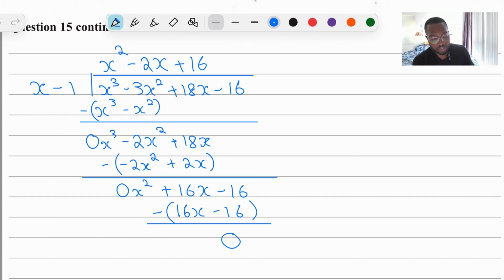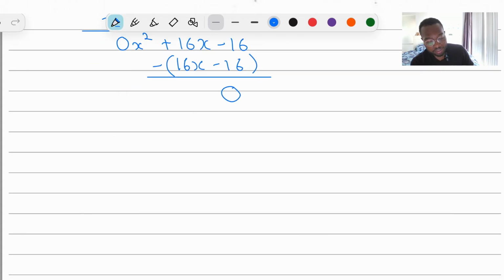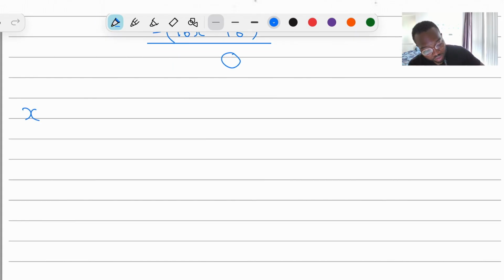Okay, so now work that out. What does that mean? That means that x to the 3 minus 3x squared plus 18x minus 16, if we factorize it, equals x minus 1, and then what was our answer?